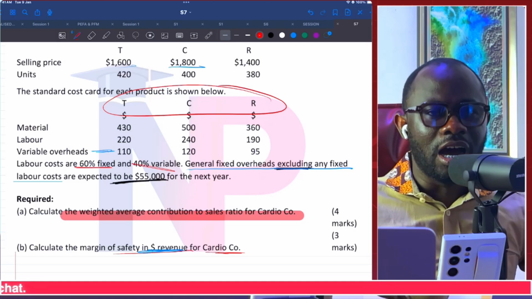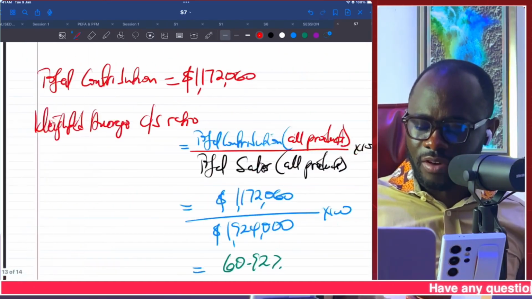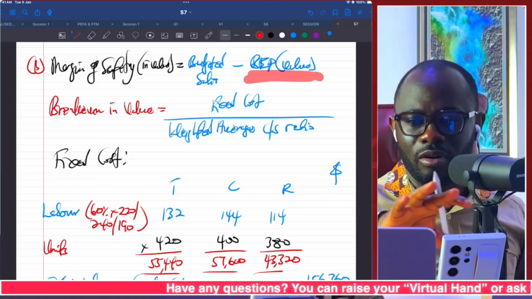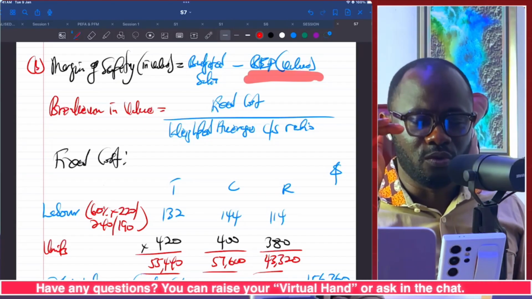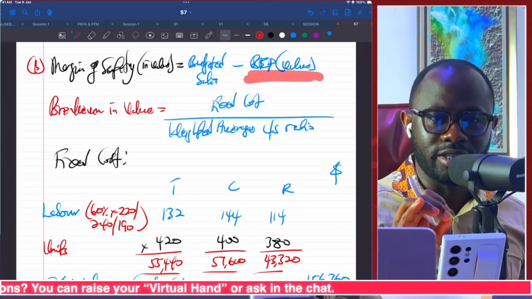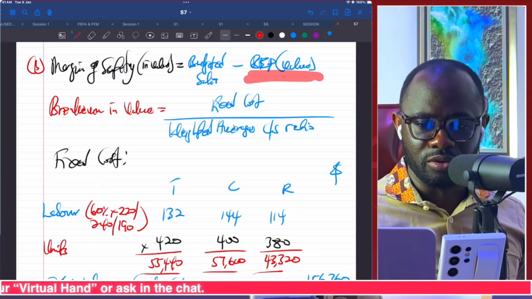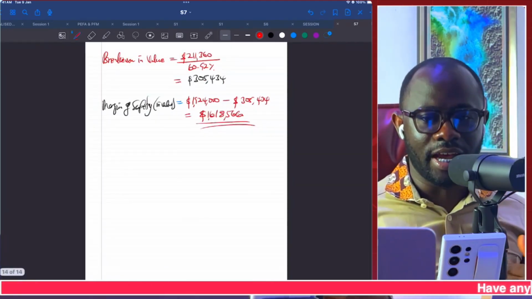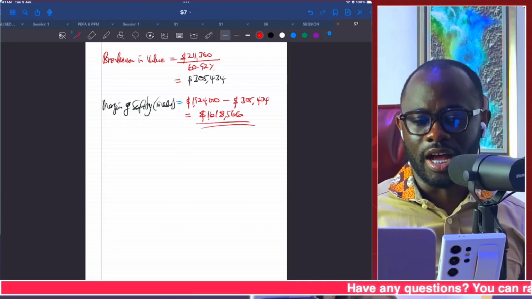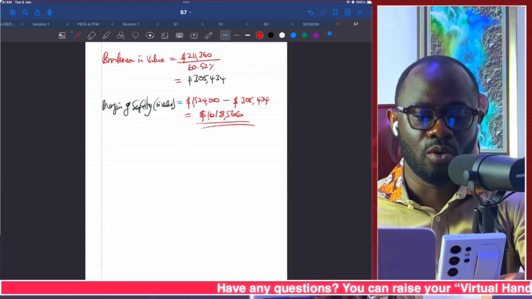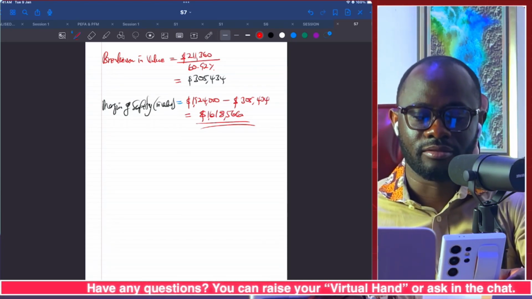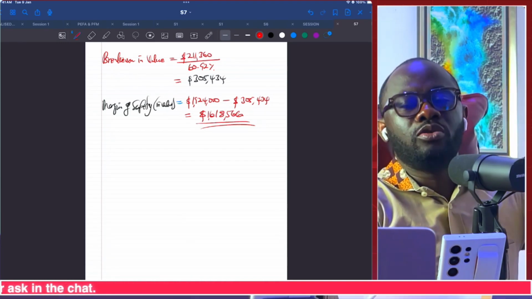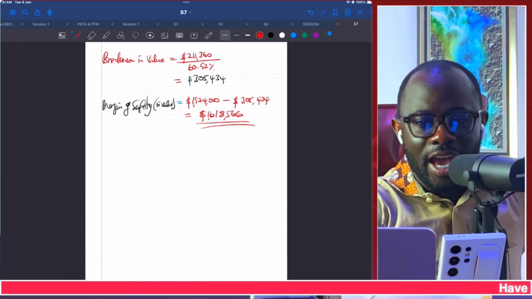However, because it's a multiple product environment, I need to calculate the break-even point in value for multiple product environment, which is your fixed cost over the weighted average contribution to sales ratio. So the context of the question is directing how we work ourselves out. And that is how we calculate the break-even point in value in a multiple product environment.